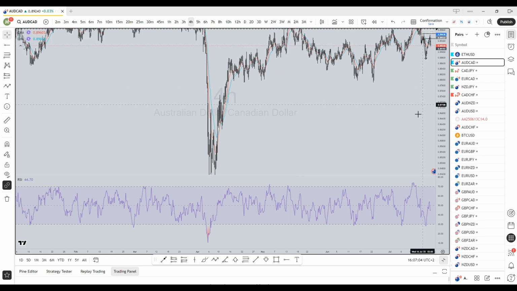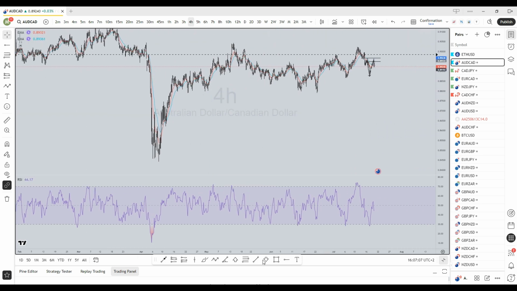Because if you look at this whole move, you have a strong push to the downside, move up, and then here you're just basically consolidating on that move.